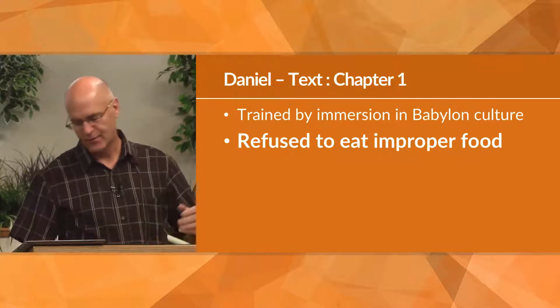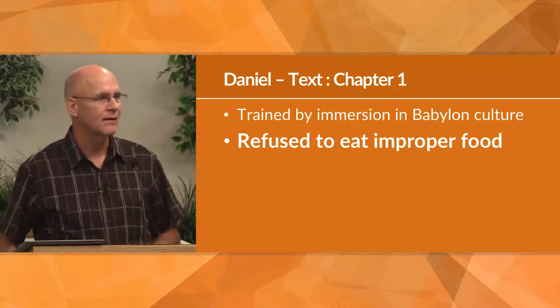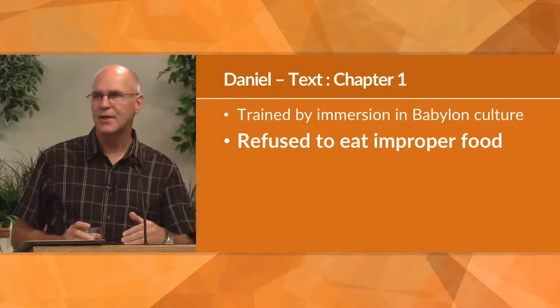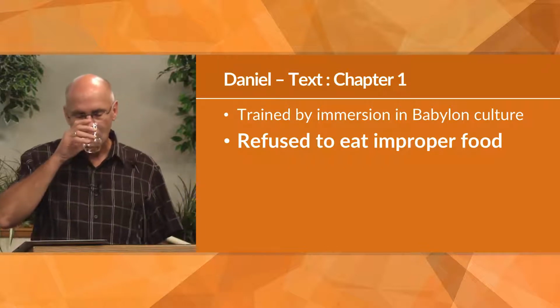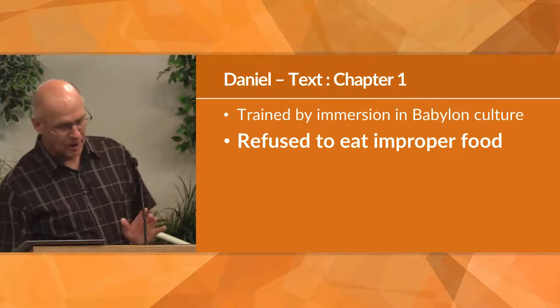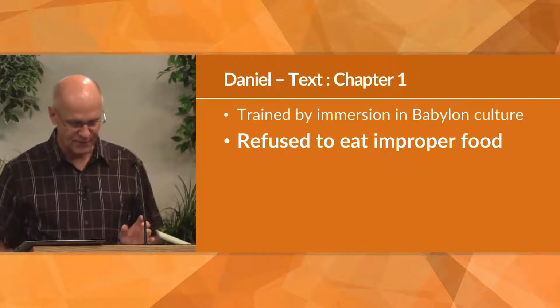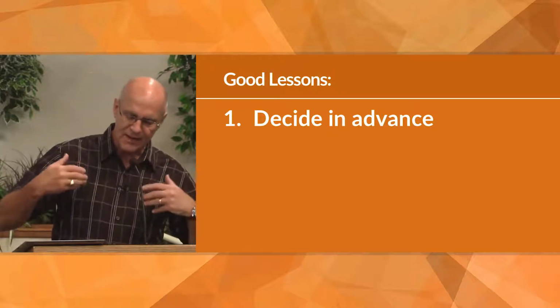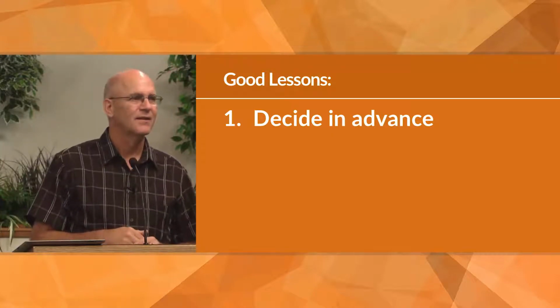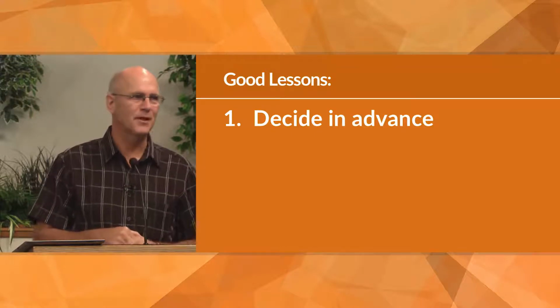And usually I like to give the lessons at the end. What have we learned? But this little episode here just begs to bring out a couple of obvious lessons. For example, we need to decide in advance how we will react to temptation.